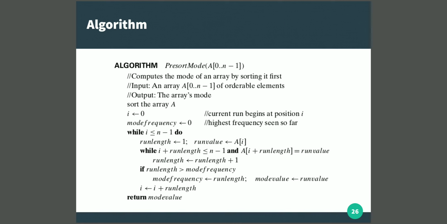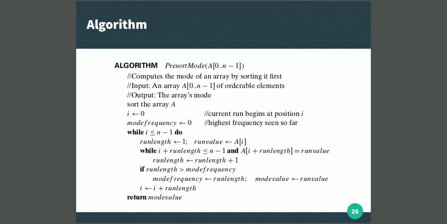If I compare the third element with the first element and find that it is still equal to the first value, then the run length becomes 3, which means that the first element, or in general the ith element, has repeated 3 times. And whenever this condition fails, the inner while loop terminates.